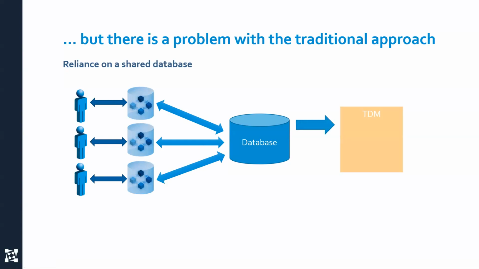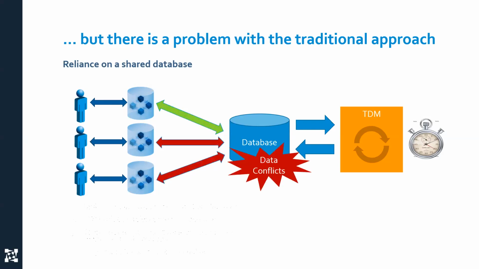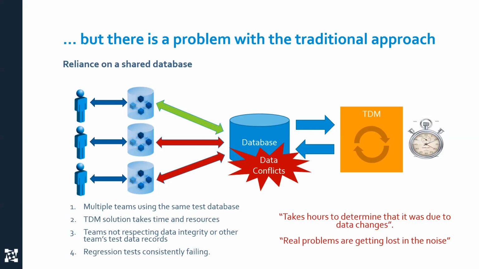Traditional test data management approaches will say, all right, let's go ahead and grab the data from that database, subset it, mask it, do some sort of synthesis on it, and then push that back into the originating database. This not only takes time, but there's a challenge that happens when folks actually start using that data. If multiple teams are using the same data sets and they are changing the data as a function of doing the testing, you can get what's known as data pollution.